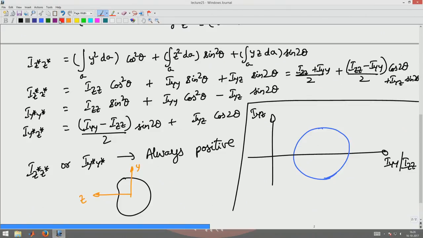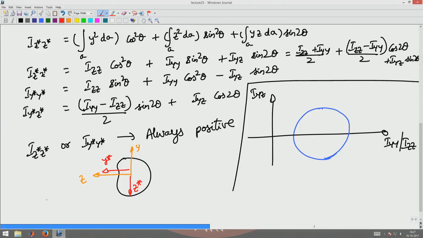Now, say I change the orientation to y star pointing like that and z star pointing like this, that is, I rotated the coordinate system by 90 degrees. If I rotate the coordinate system by 90 degrees, what happens? What is I y star z star?